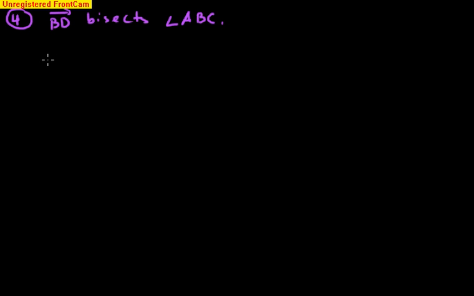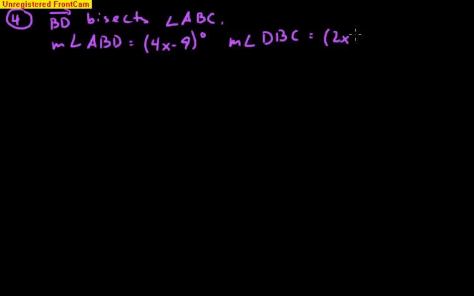And let's say that the measure of angle ABD is 4x minus 9 degrees, and the measure of angle DBC is 2x plus 7 degrees. Now notice I don't give you any drawings because I think it's important that you can visualize this. So the question is, find x.